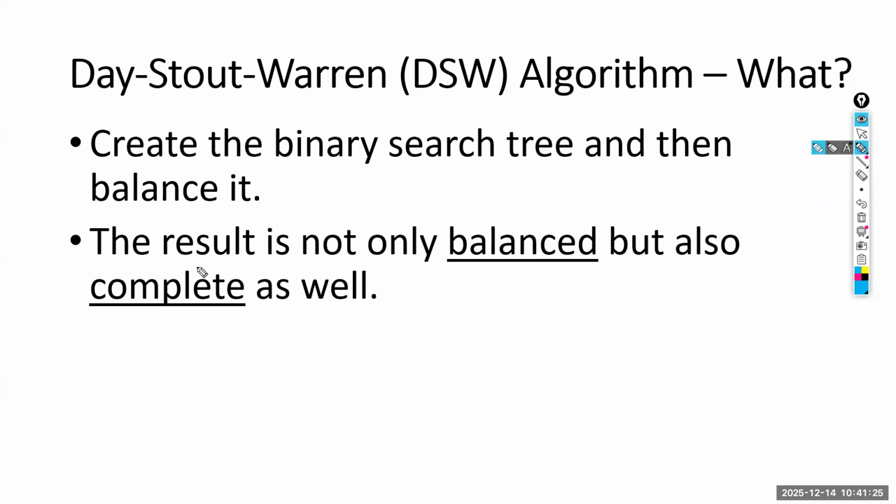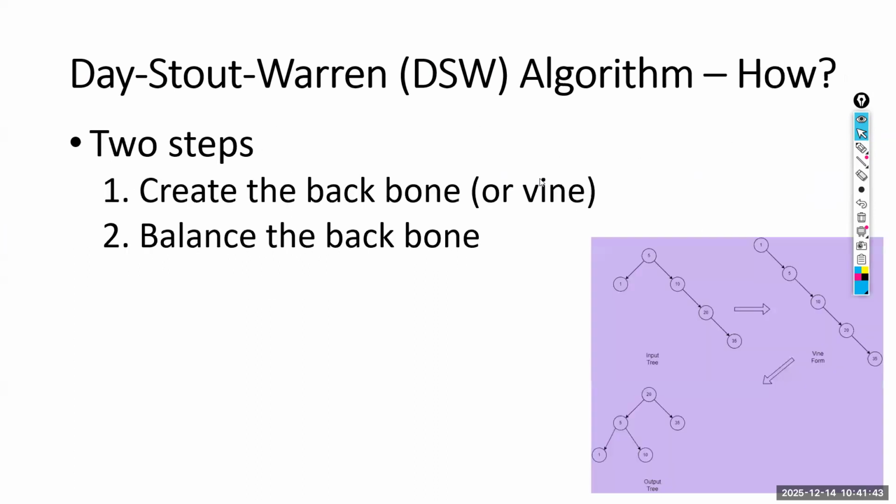First, you build your binary search tree. If you have 100 nodes, you add 100. Now it can be unbalanced in so many places because you just created it without considering balance. Now what we do in the DSW approach is a two-step process.